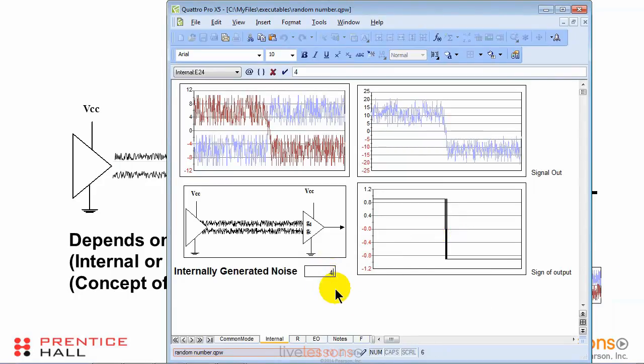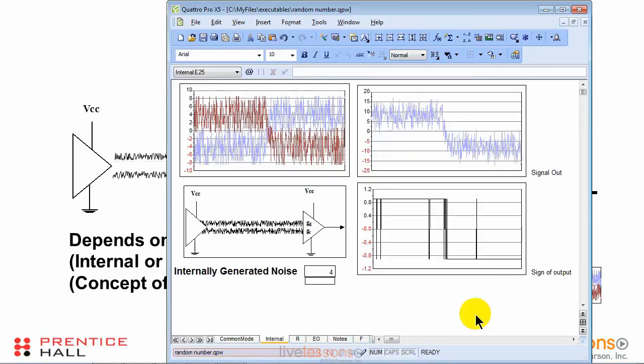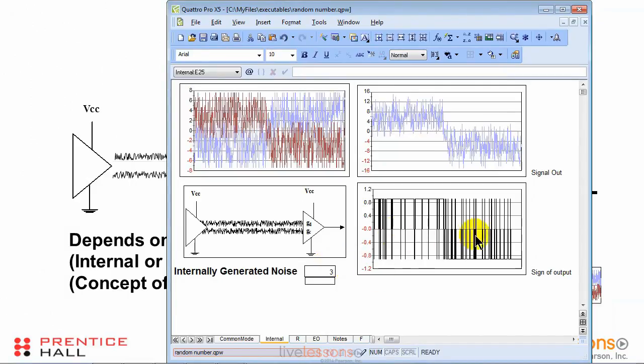Let's run 4 units of signal, and now all of a sudden I'm starting to get some places where I'm making errors between a logical 1 and a logical 0. Anywhere where I've got one of these spikes, that's an error because the noise is overwhelming my signal. Let's go to 3 units of signal, and all of a sudden I've lost everything. This system isn't going to be working at all with 3 units worth of signal.